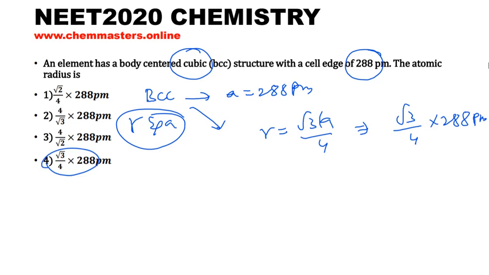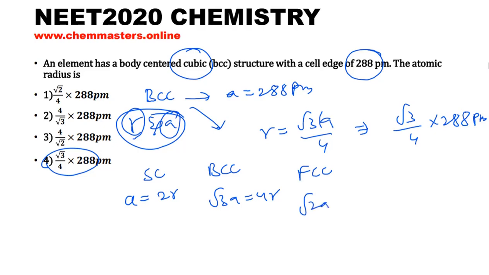Now just remember, for the simple cubic, the relation between atomic radius and edge length is a equals 2 into r. For the BCC unit cell, root 3 a equals 4 into r. For FCC, root 2 a equals 4 into r.